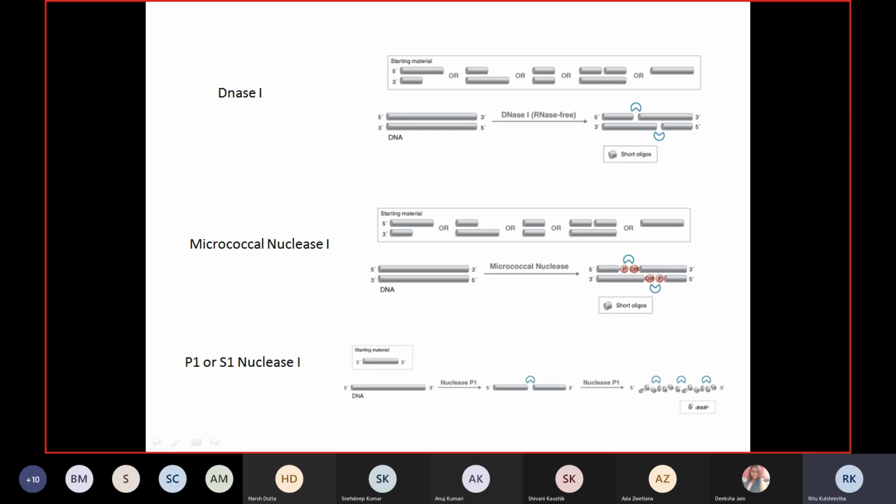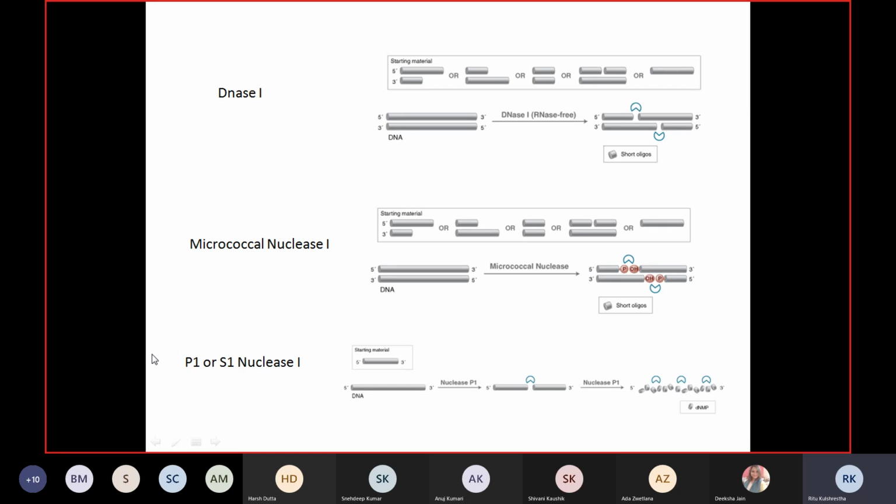So for further ligation reactions, if somebody wants to use it, those can be used. But that's the only difference between these two.